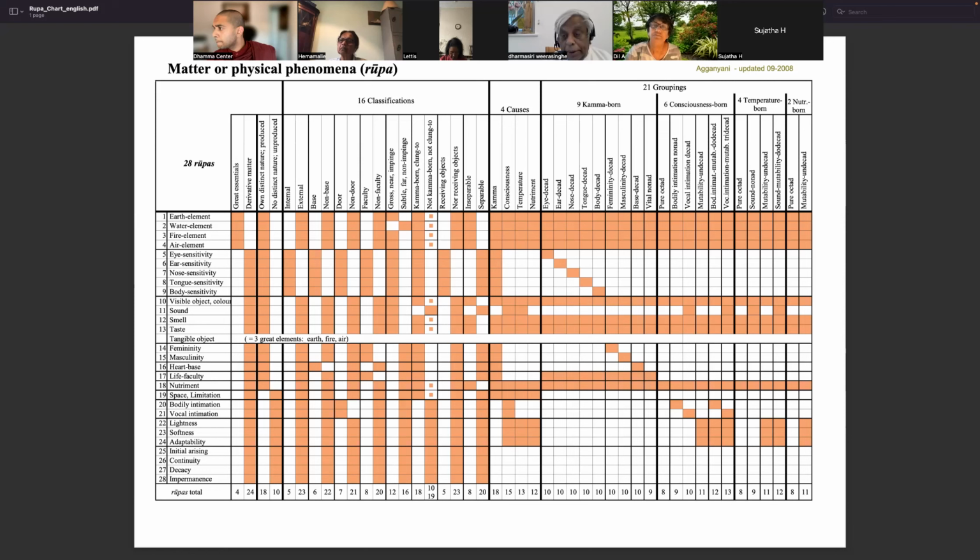So it creates a series of utu samutthana rupa and gives the body a temperature.